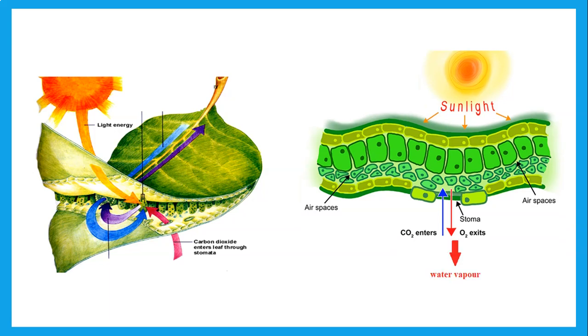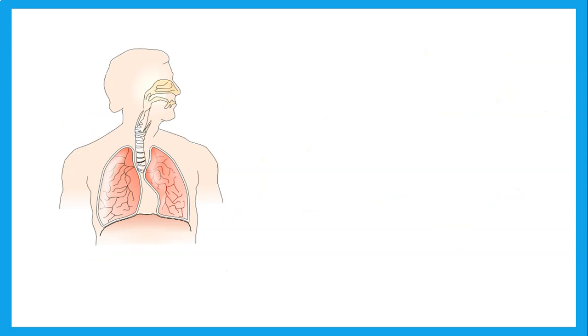Something else that goes out of the leaf by diffusion is water vapor. If you remember, we have something called transpiration, and during that process, water vapor moves out of the leaf. All of these move by the process of diffusion. What about in our body or in animals in general?